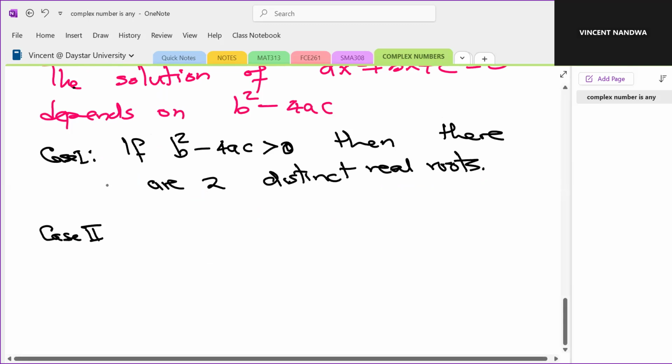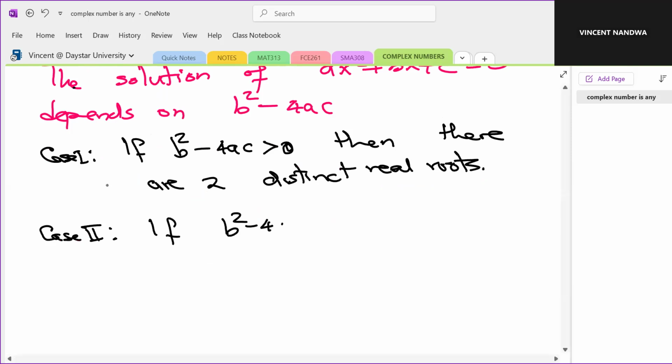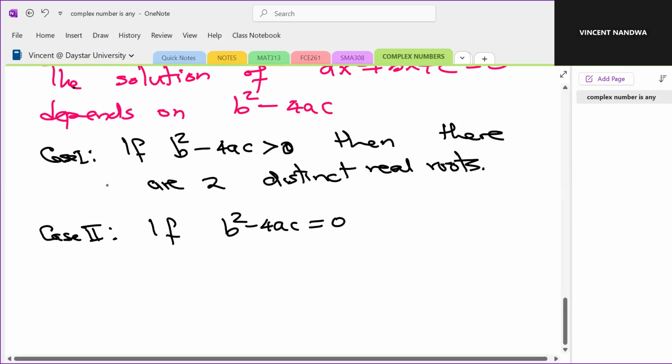And then case two, if b squared minus 4ac is identically equal to 0, then there are two equal real roots.